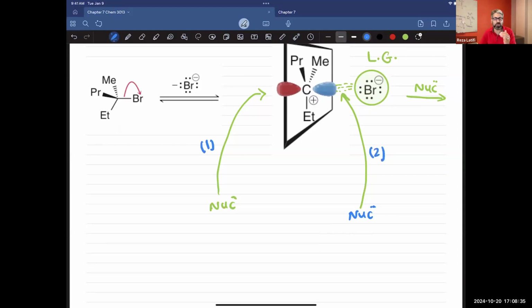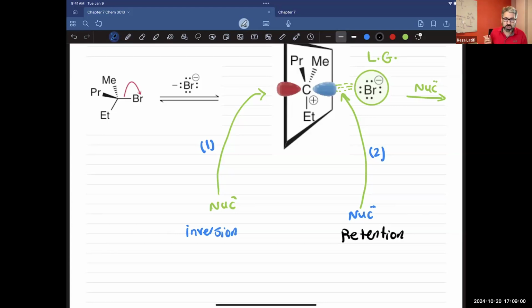If we reach it from the left side, from number 1, we will have inversion. If we reach it from the right side, number 2, we will have retention in configuration.